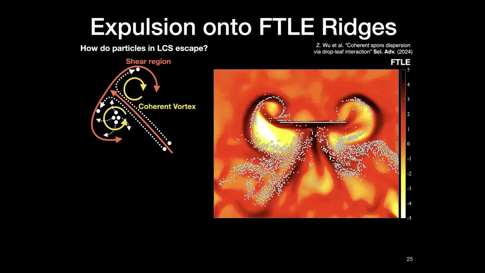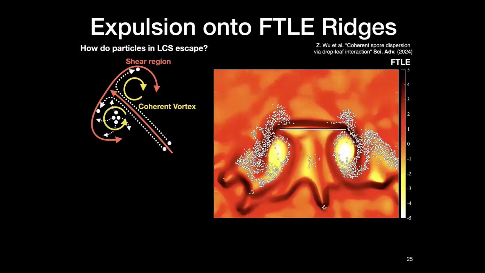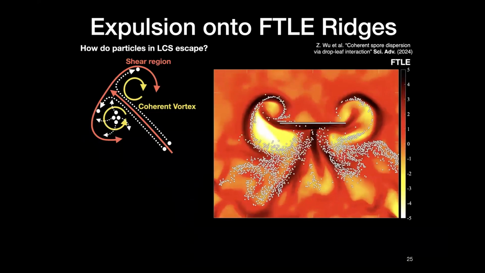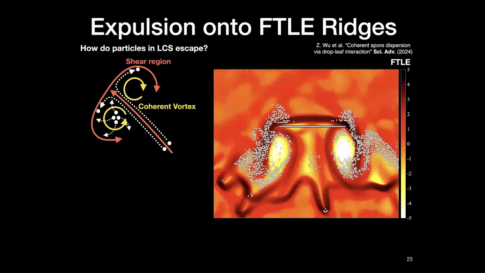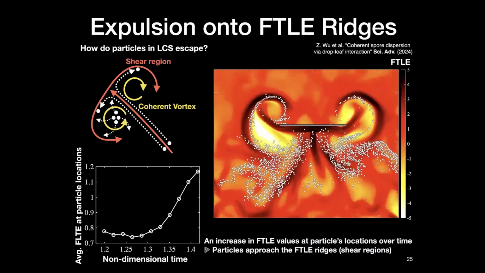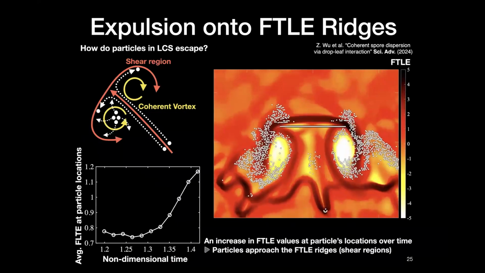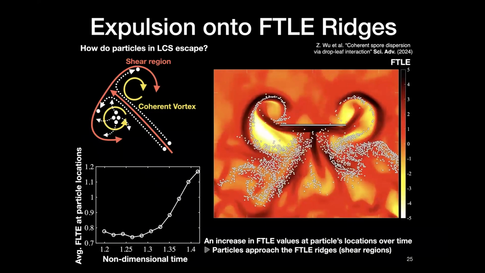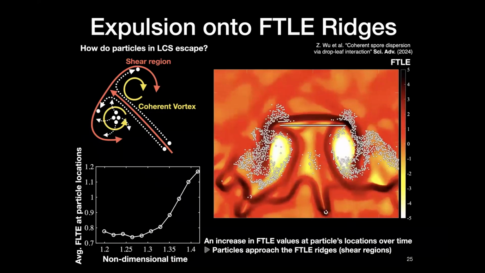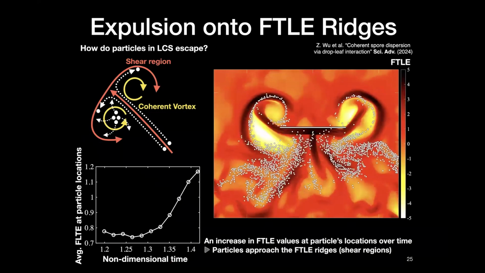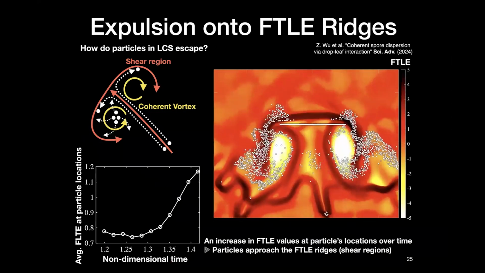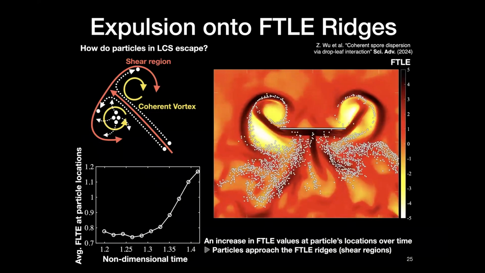Based on that, we ran the experiment with the particles. Those are the particles we tracked, and we calculate the Lyapunov exponent at the location of the particles. If these particles are moving to a region with a higher Lyapunov exponent, or unstable manifold, then this value will increase over time.